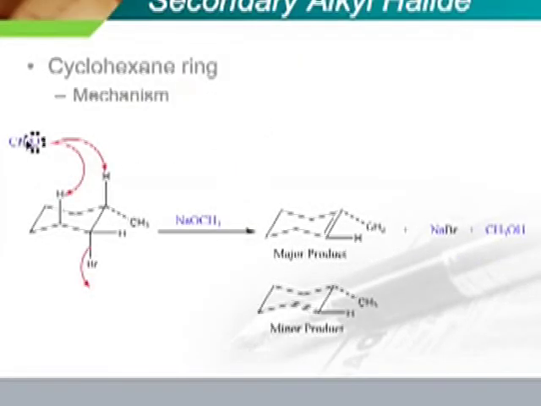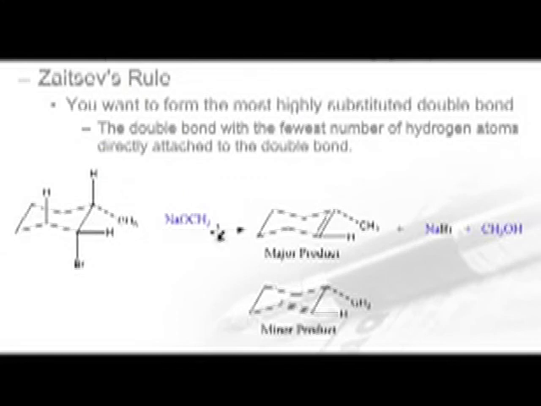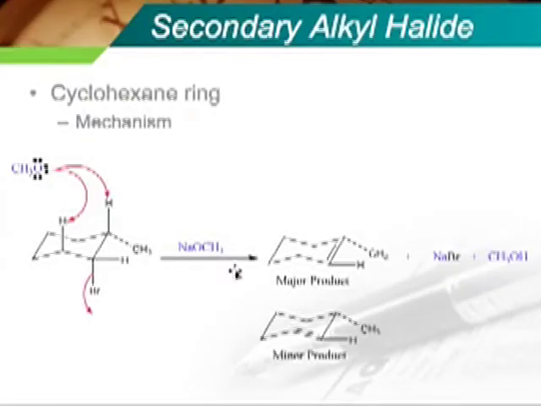Here is the elimination mechanism. Remember the difference between the reaction, which is just the starting material, arrow, reactant, and products, as opposed to pushing the electrons. Pushing the electrons is the mechanism, okay?